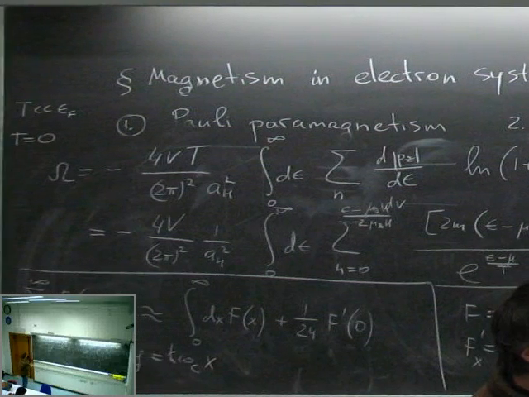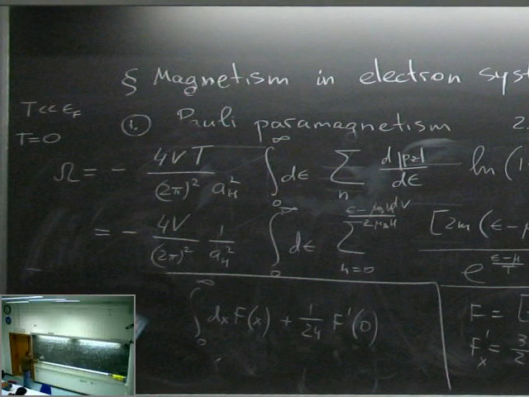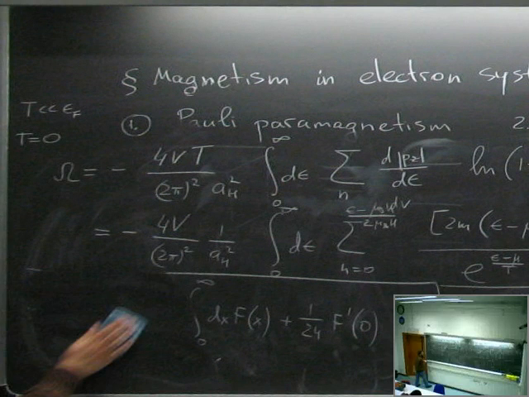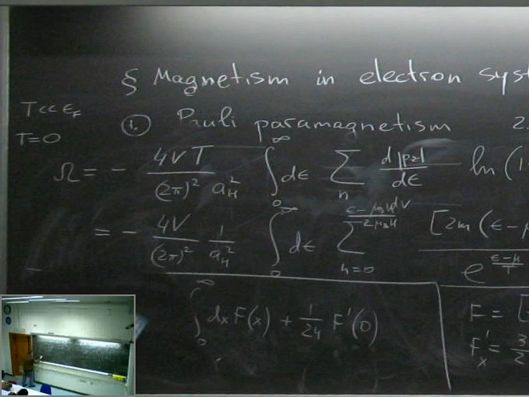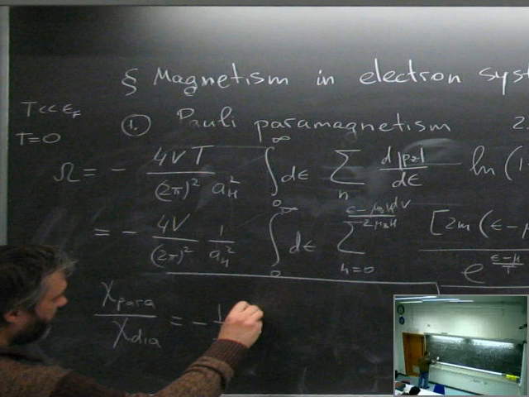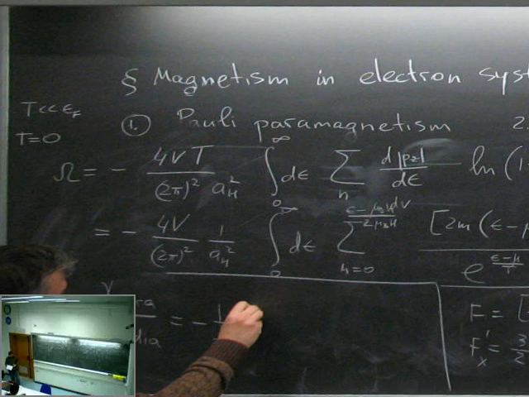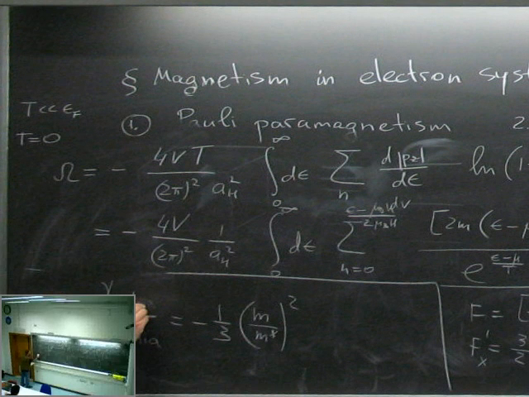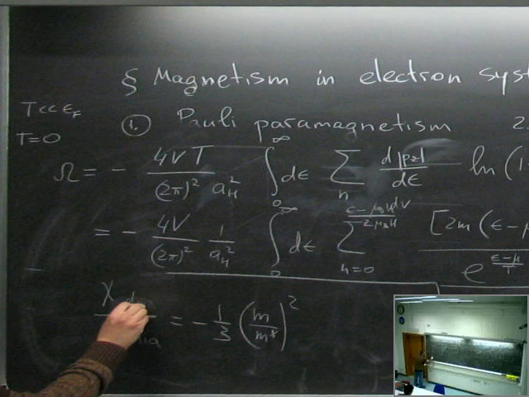Therefore, we may say that chi dia over chi para is equal to minus 1/3 times the ratio of the bare mass to the effective mass, squared.